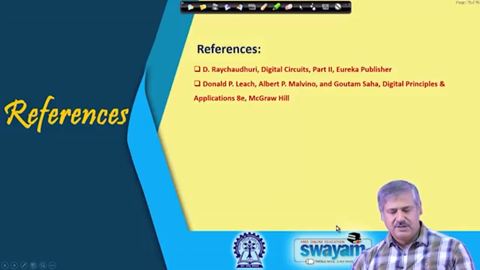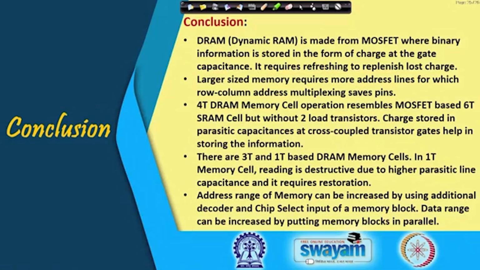Okay. So, with this we come to the conclusion of this particular class. What we have seen, that dynamic RAM made from MOSFET stores information in the form of charge, which is available at the gate capacitance, parasitic in nature. Because of the leakage, it requires refreshing to replenish the lost charge.